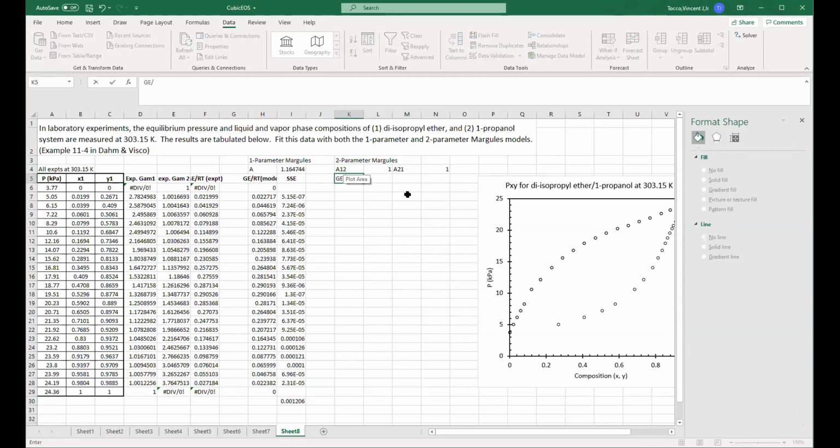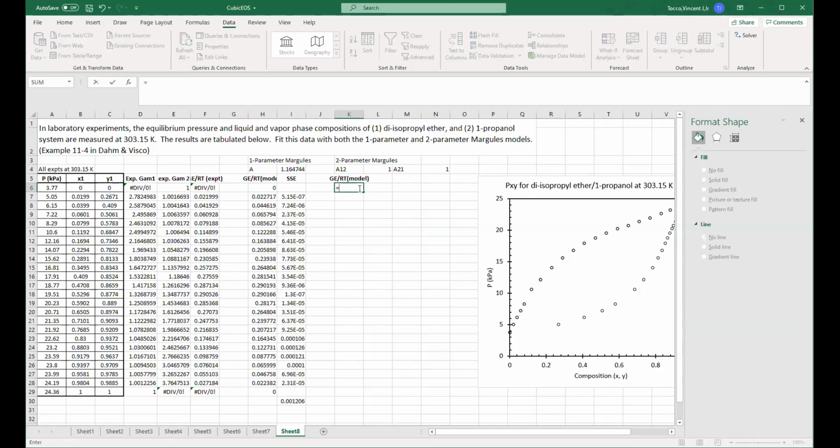So the GE over RT model, in this case, is not A times X1 times X2. Need to look it up. What is that model? X1 times X2 times the quantity of A21 times X1 plus A12 times X2. That was a bit of a mouthful.